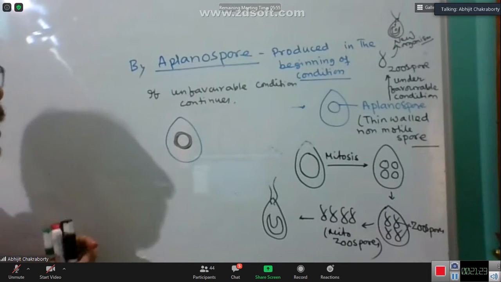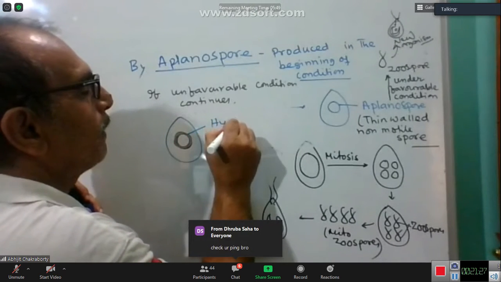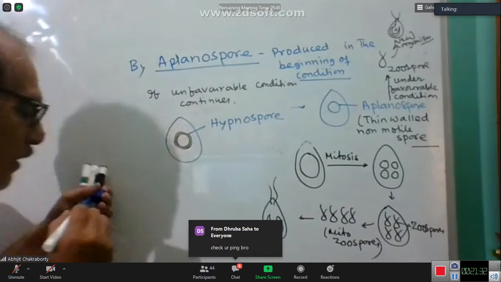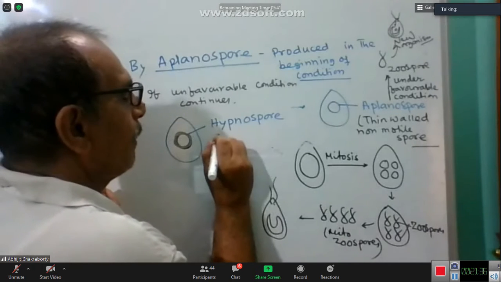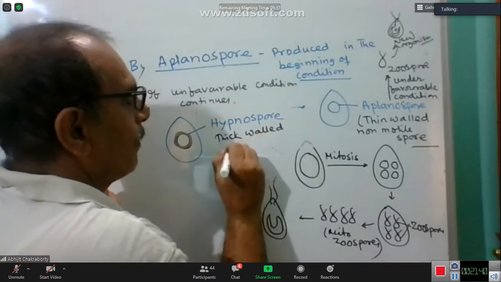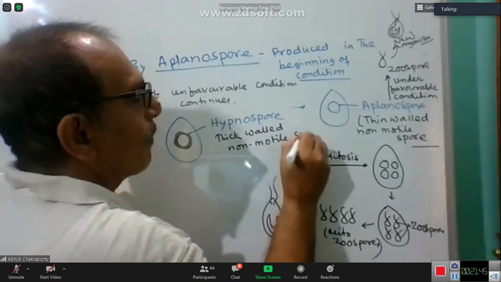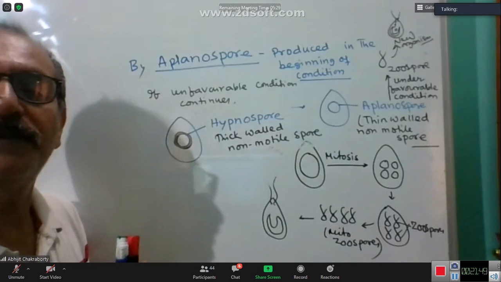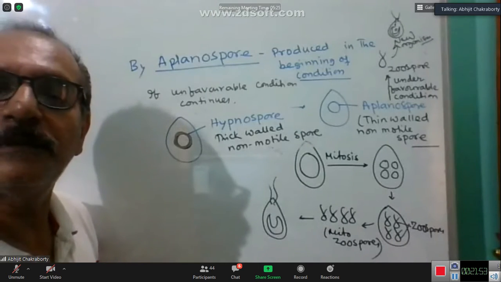So such thick-walled non-motile spores are called hypnospore. They are thick-walled non-motile spores. These thick-walled non-motile spores are called hypnospore.